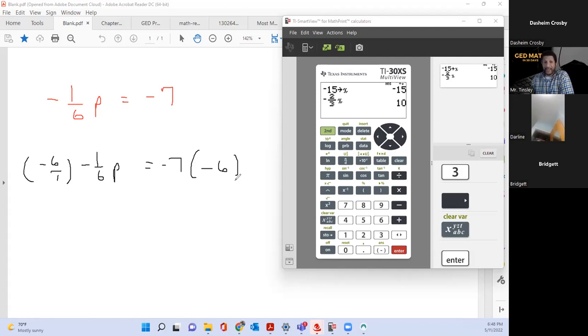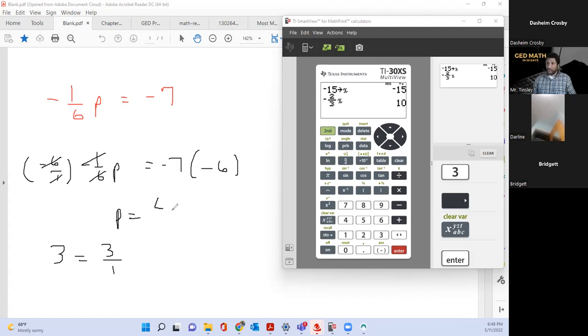Yes, any whole number can be represented by an improper fraction. So the reason I did -6 over 1 is that you'll see the -6s and the 1s will cancel. We're left with P equal, what is -7 times -6?